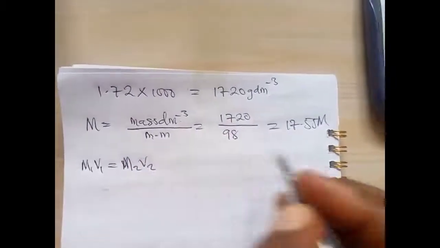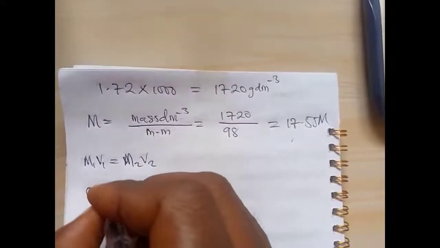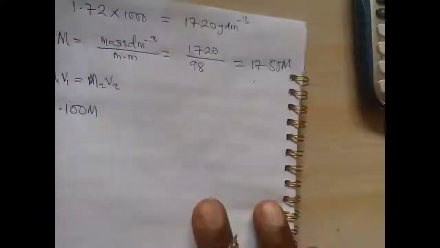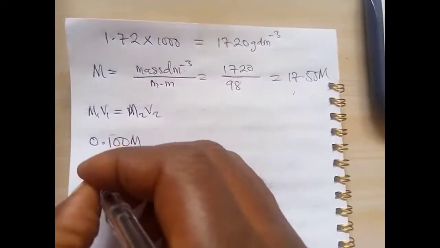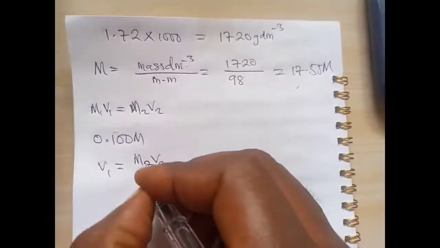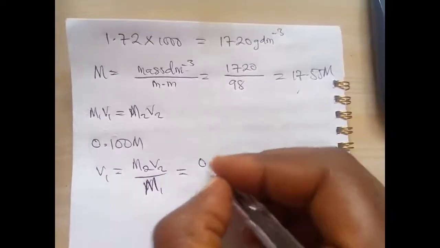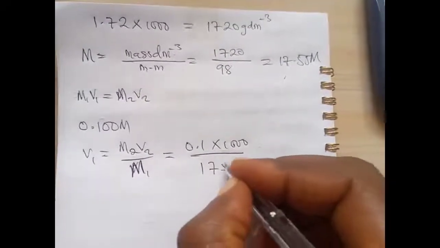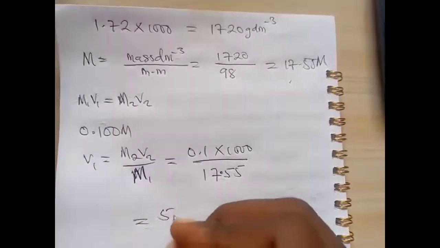Our M1 is this, and our V1 is what we're looking for. Our M2 is 0.100 molar, and our V2 has to be 1000. If we make V1 the subject of the formula, it becomes M2V2 over M1, and if we fix that, it becomes 0.1 times 1000 over 17.55. So we'll get 5.7 ml.